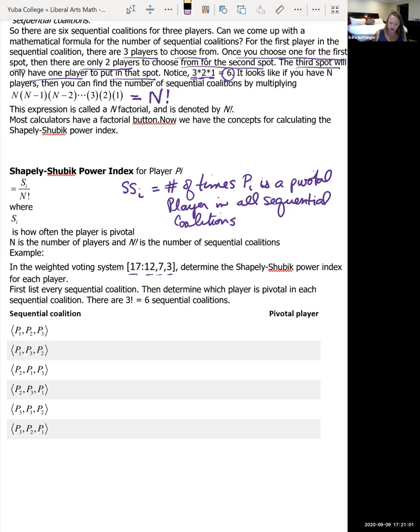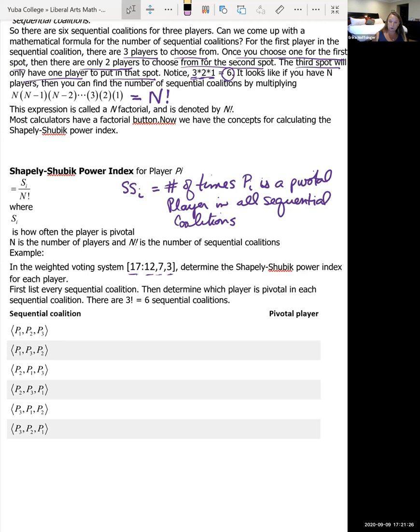First we want to write out each sequential coalition, and then we're going to go through each one and underline the one player that made it go from a losing coalition or motion to a winning, passing motion. So take a moment and write down each of them.